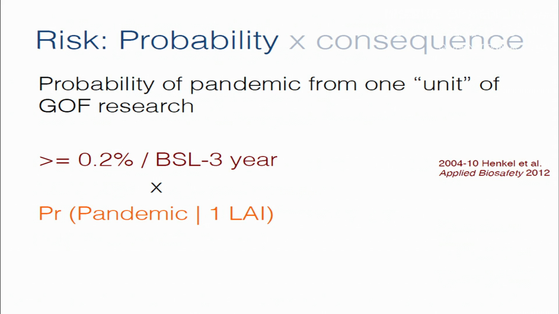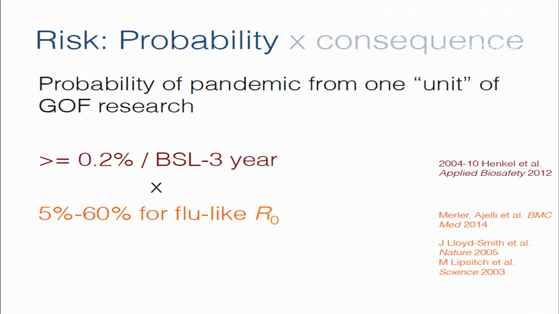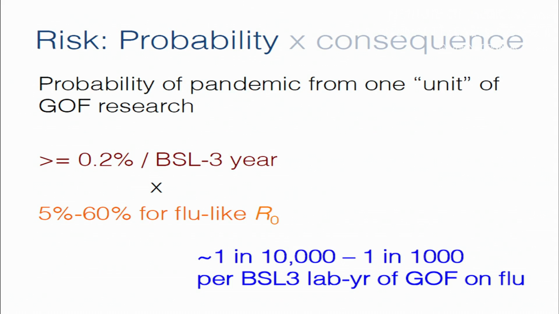The second figure, based on a number of models, ranging from very simple branching process models to an elaborate simulation designed for this question and incorporating many safeguards assumed to be in place, is between 5% and 60%. When we multiply these numbers, we arrive at a probability between about 1 in 1,000 and 1 in 10,000 per laboratory year working on a transmissible novel influenza virus that a pandemic will arise through a lab accident.